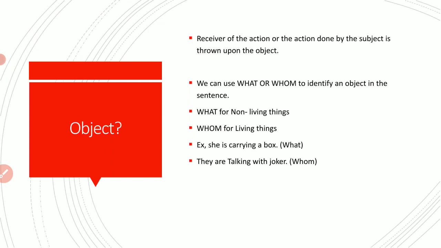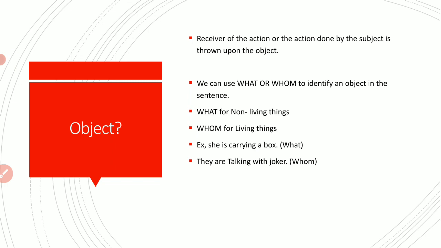So what is receiving that action? That action is being received by letter. Whatever the action is being done by the subject, that has to be done on something. So that something is called the object. Object means the noun or pronoun which is receiving the action of the subject. We can use what or whom. We can use the same tricks, what or whom, to know about the object.